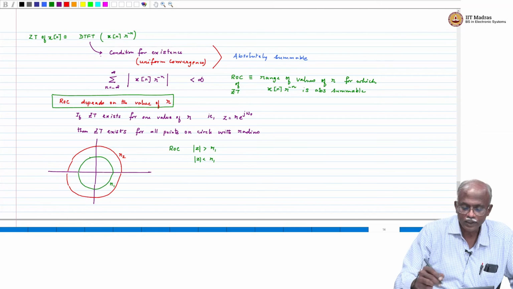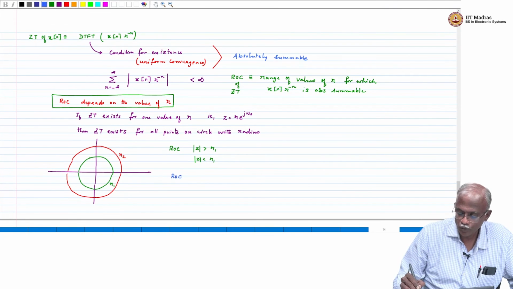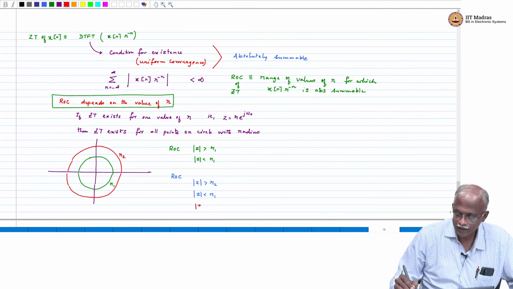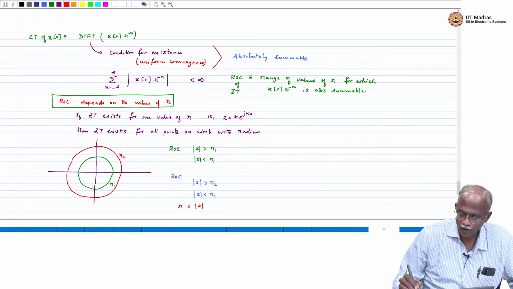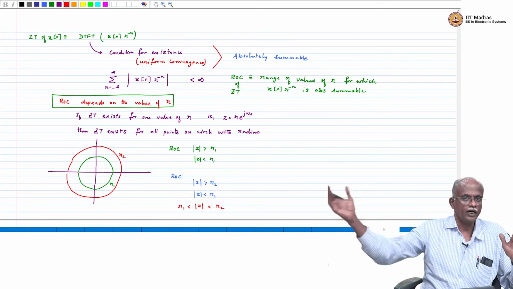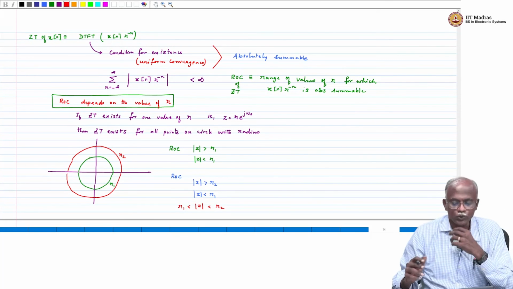So, now you can see a region of convergence which could be in the following manner: mod z greater than r2, or mod z less than r1, or mod z greater than r1 and less than r2. So, it could be outside of the outer circle, inside of the inner circle, or in between the two circles.